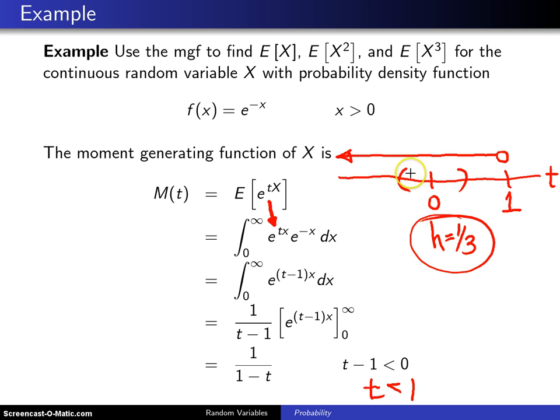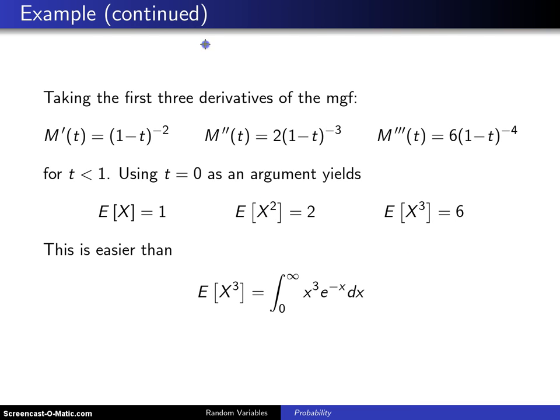It is defined in that neighborhood of 0, and because of that, this is a legitimate moment generating function. Now, once we have the moment generating function 1 over 1 minus t, I'll go ahead and write that up top here. And again, don't forget to write where it is defined.